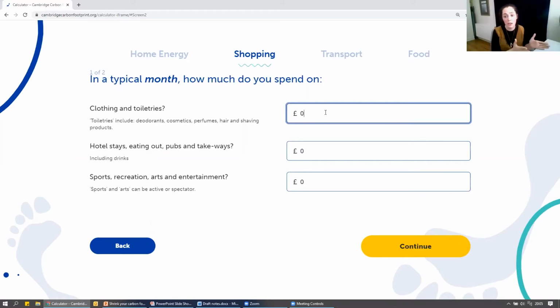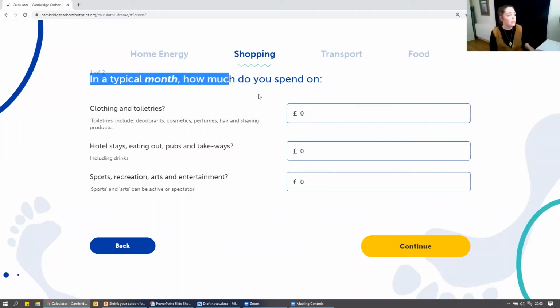If you want to know exactly what your carbon footprint was, to the best of your knowledge, obviously it's still an estimate, but for the last 12 months. You can also choose to take an average over a longer period, say 5 years, which is actually what I'm going to do here.